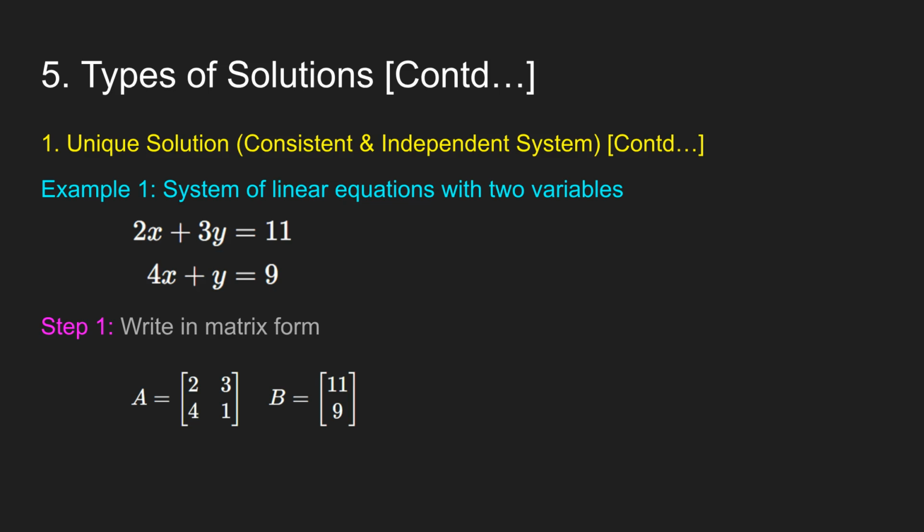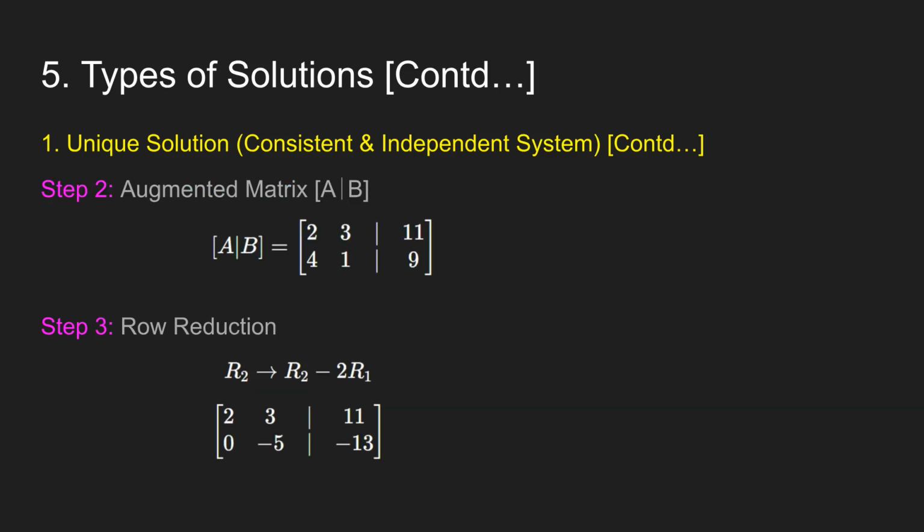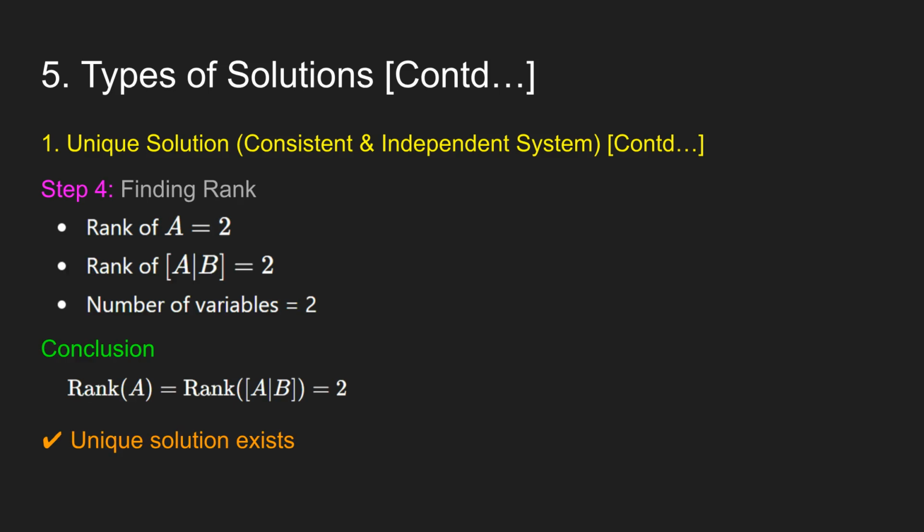For our first example, we write the two-variable system into its coefficient matrix A and constant matrix B. Next, we form the augmented matrix A bar B and perform row reduction to simplify it. In step 4, we find the rank of the matrices.